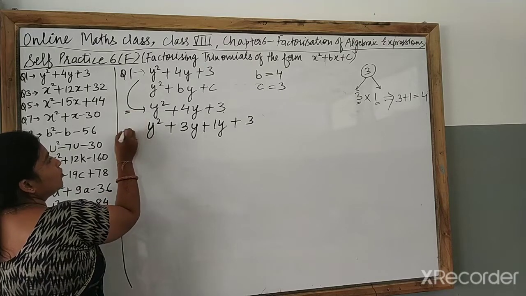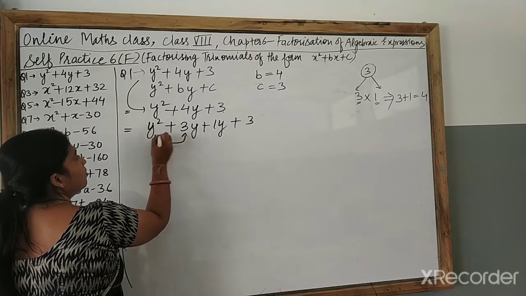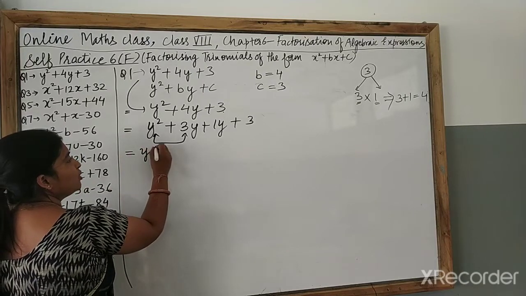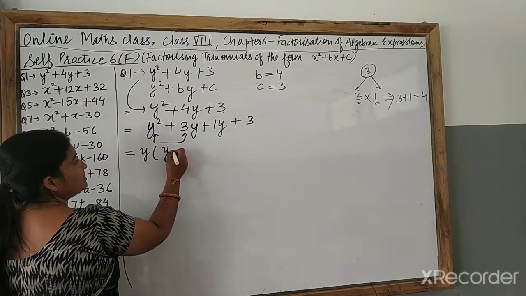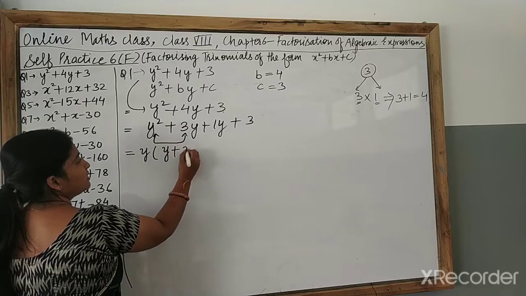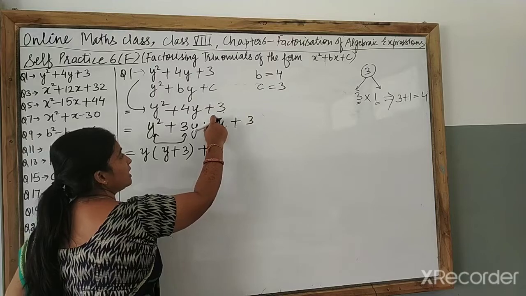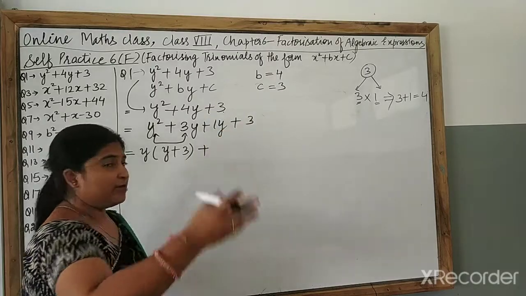It is easy. So in the first and second term, can I say what is common? Yes, y is common. So what is left now? y is left in this one, and in this one 3 is left. Now in 1y, or you can say y, both are the same thing.